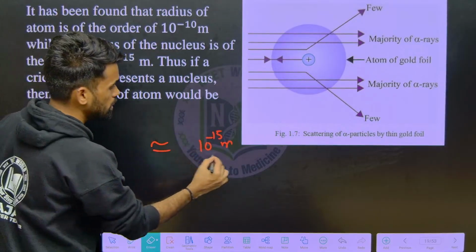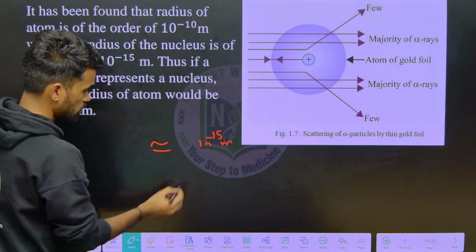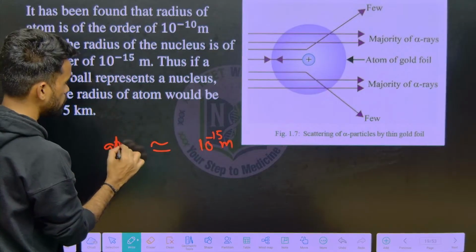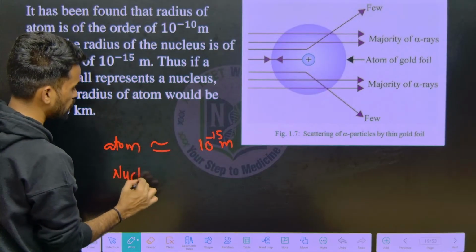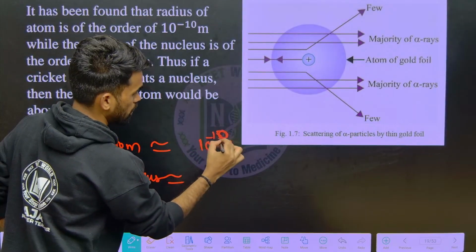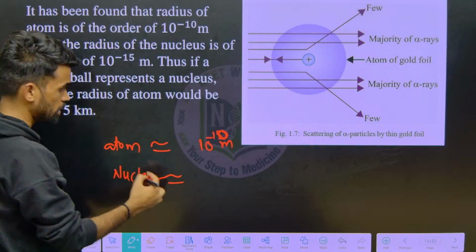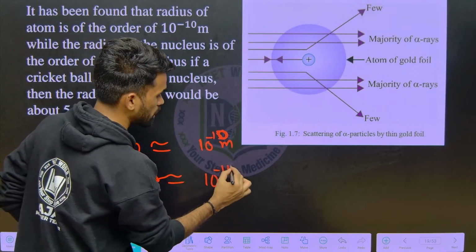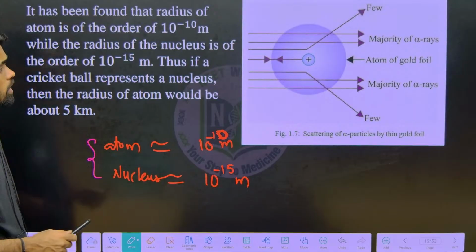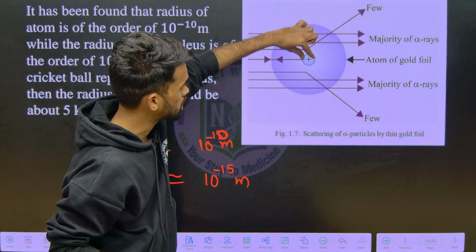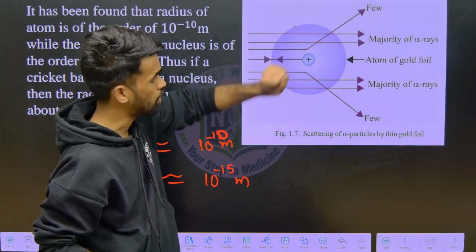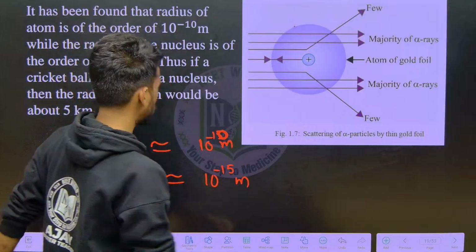If the atom size is 10 power minus 10 meters, then the nucleus size will be 10 power minus 15 meters. So you can remember these two values. Next.